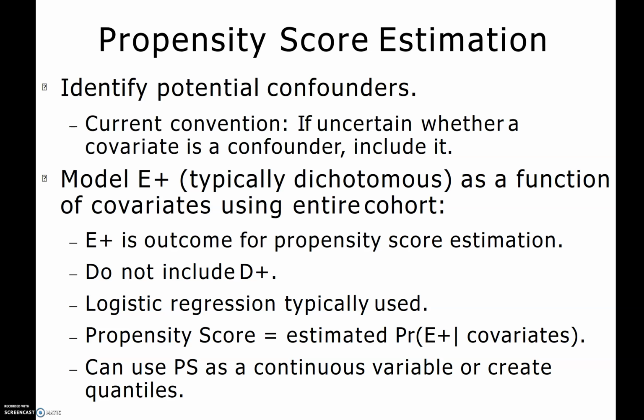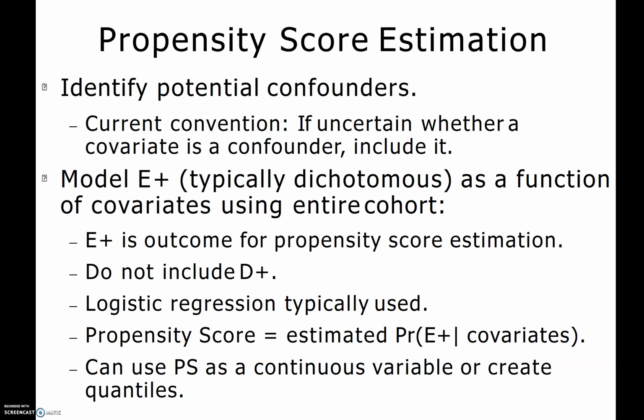Okay. So I just talked a lot about identifying those covariates, those confounders. If uncertain whether a covariate is a confounder, just include it unless you have trouble with the algorithm converging, which can happen. And if you don't think so, I really go through and do an association analysis. I like to do that. Be informed about your choice.